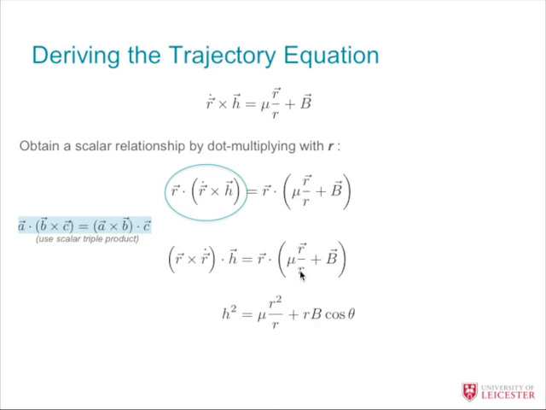And because this r dotted with b can be written as the magnitude of r multiplied by the magnitude of b times the cosine of the angle between them, I write that as rb cos theta, where I'm just labeling the angle between those two vectors as theta. So rearranging, I get h squared equals mu r plus rb cos theta.